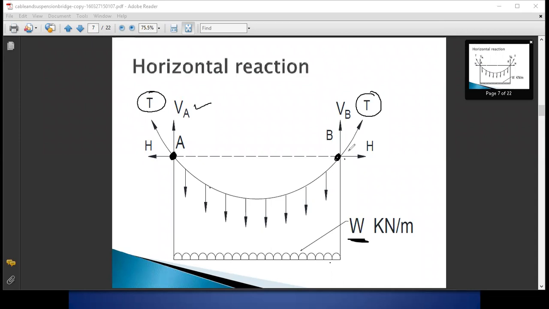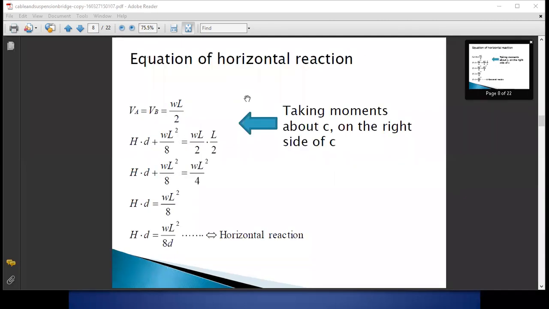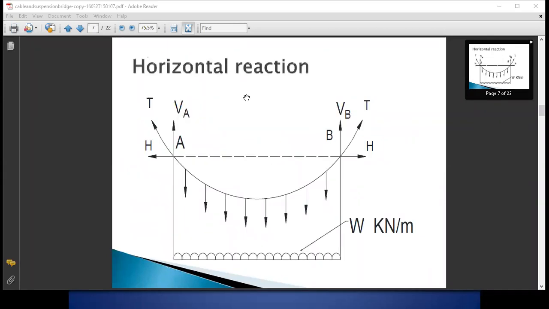So now we will find out the reactions, horizontal reaction. If you refer to this diagram, UDL, span is suppose small l, w is UDL.